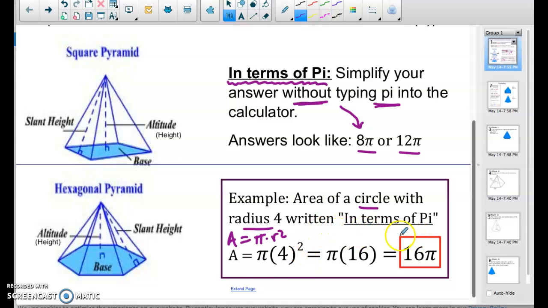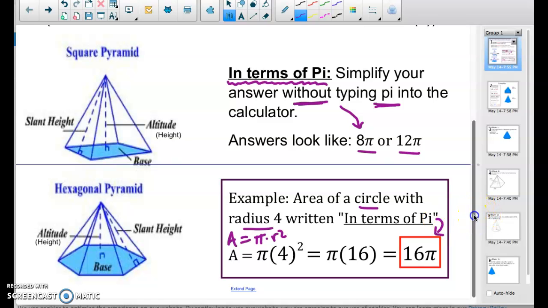Now, in terms of pi just means I'm going to calculate the 4 squared, but I'm not going to use my calculator to multiply by pi. I'm just going to leave pi on the end of my answer here. So this 4 squared will get simplified to be 16, and then my final answer is just 16 pi. That is in terms of pi.